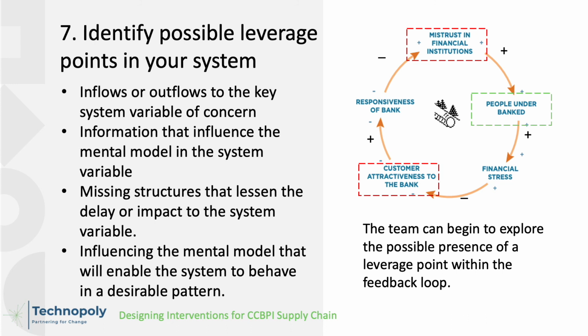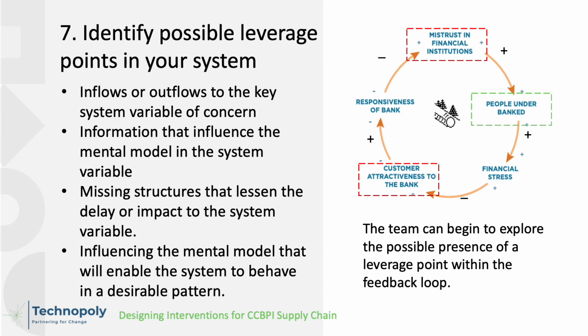Could there be missing structures that can help improve the delay or impact the system variable by connecting the link or providing the information? Or there could be a way to influence the thinking of the people in the system so that the behavior towards the pattern is also changed.